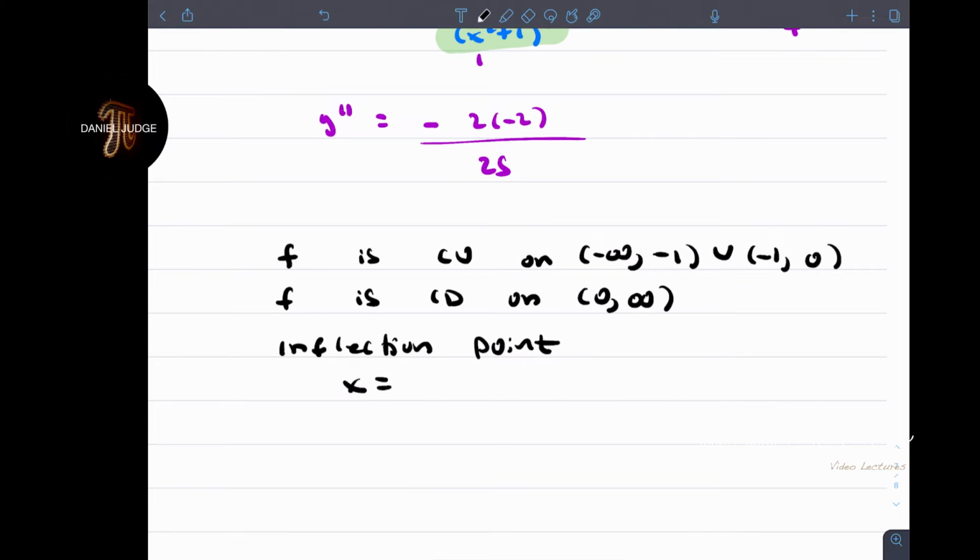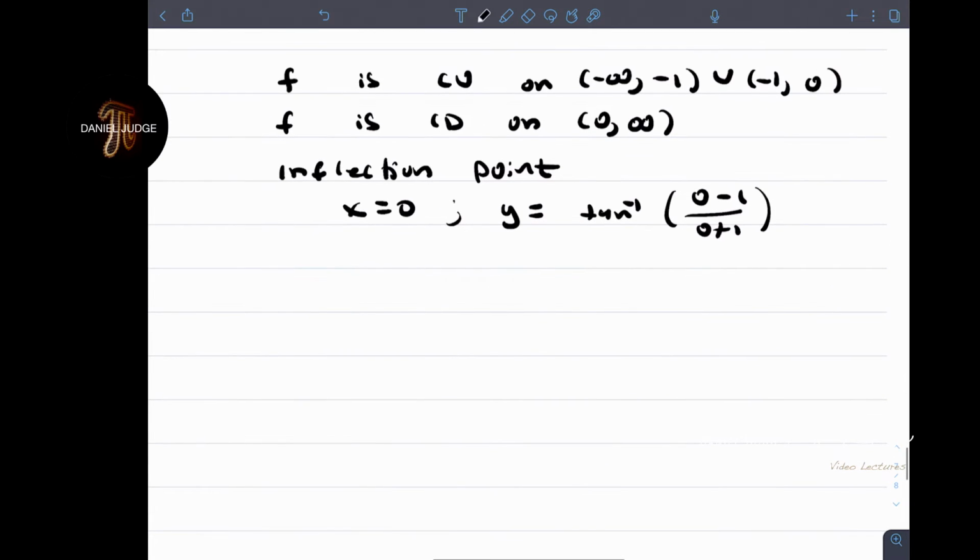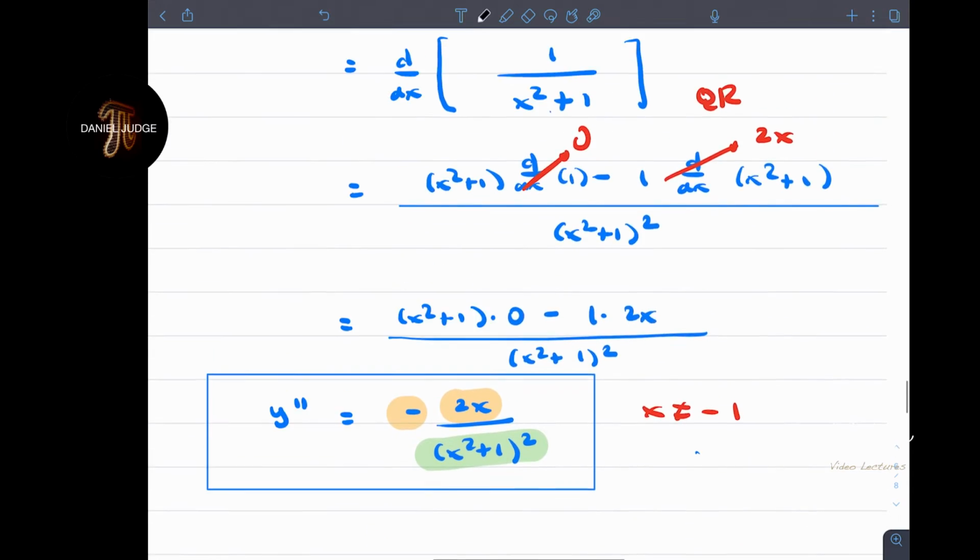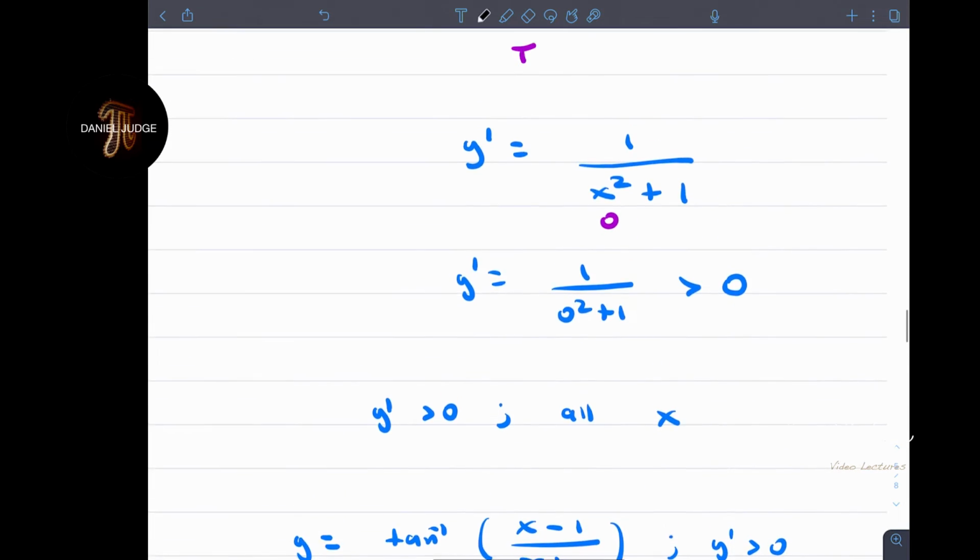when x equals 0, but what's the y value? You have inverse tangent 0, I believe, -1 over 0 plus 1. And you have y equals inverse tangent at -1 here. Okay, because we're going to have to look back at that function. That function is going to be right in here.